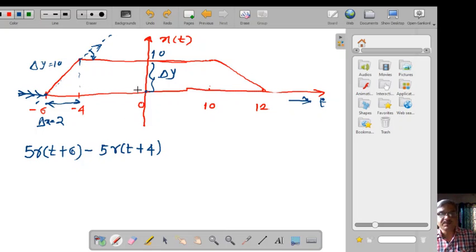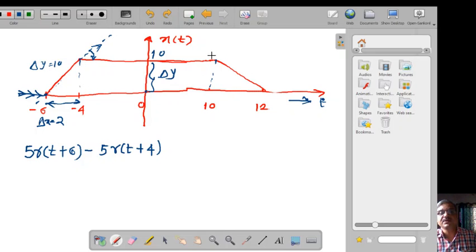Now at this point this line will be continuous, and it is going continuously like this till t equal to 10. So till t equal to 10 this line will be continuous. At t equal to 10 this straight line will be going continuously.